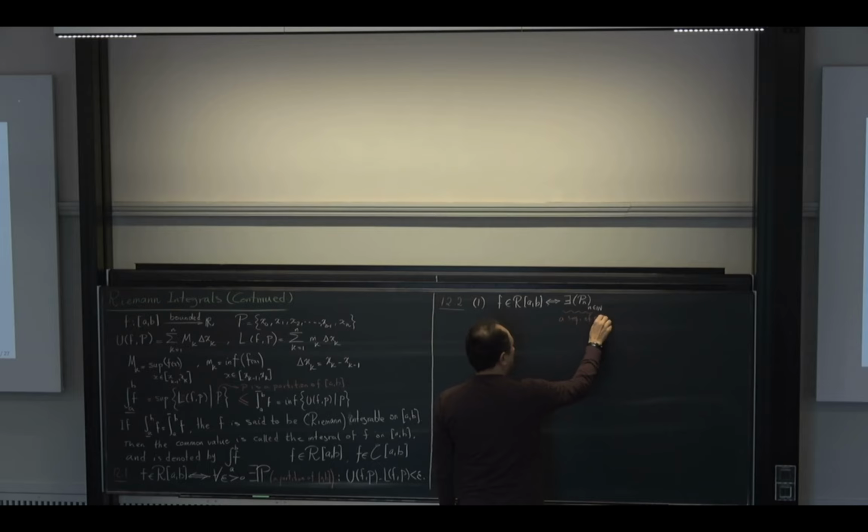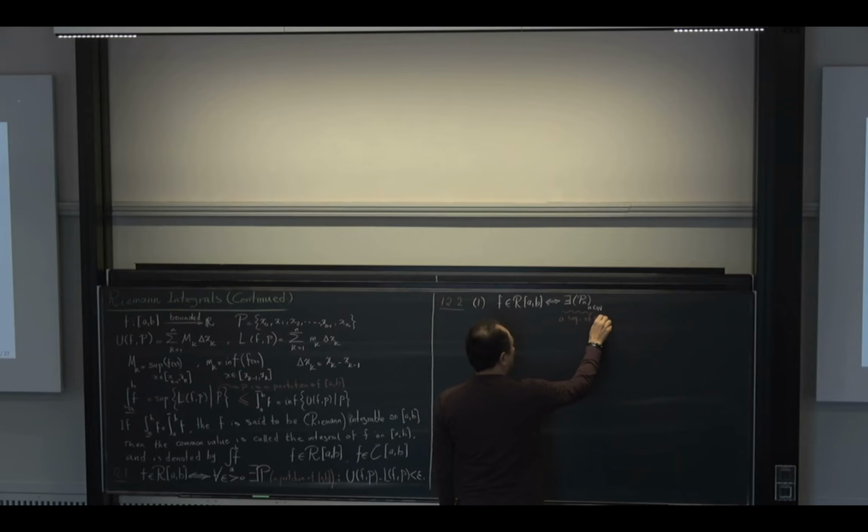You might think that we are making the problem harder, because in the Riemann integrability criterion we need to find one partition, but here we have to find a sequence of partitions. But you will see that in practice it becomes easier to work with.